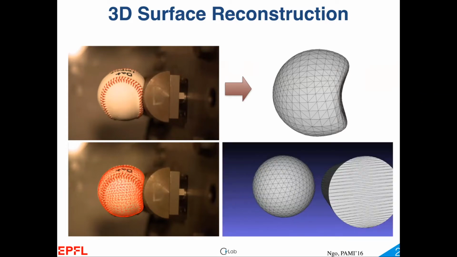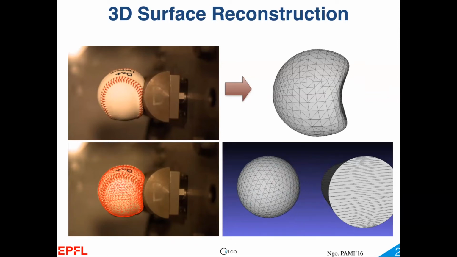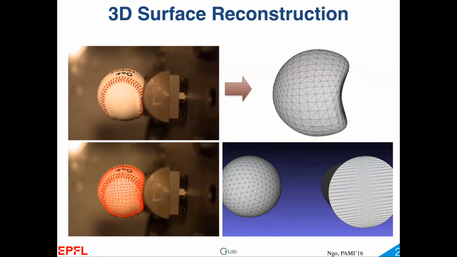If you do this over the whole sequence, what you get is a 3D reconstruction of what happened. So you can think of computer vision as inverse computer graphics. My colleagues who do computer graphics would maybe start with a 3D reconstruction and produce a realistic video. We do the reverse. We take the real thing and we build a 3D model.